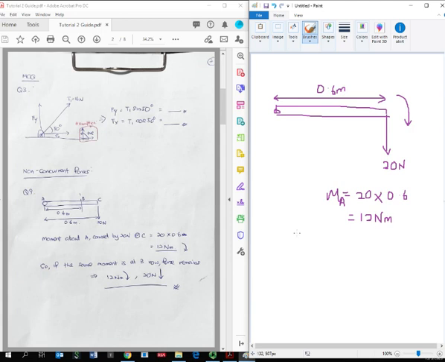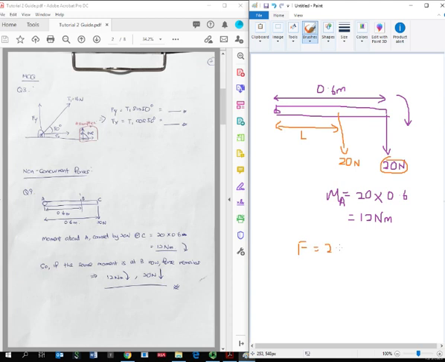So this is the moment. Regardless of how I shift my points to any of these points here, whichever distance I have, as long as they maintain the weight of this, the force applying here is still 20 Newton.